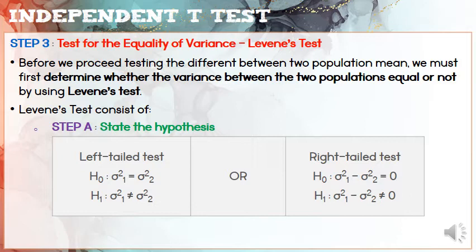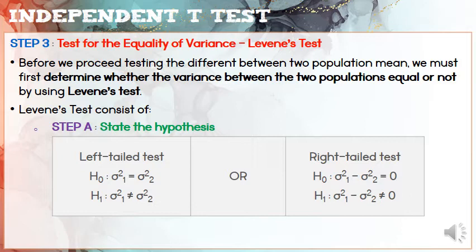So before we proceed testing the difference between the two population mean, we must first determine whether the variance between the two population are equal or not. So Levene test consists of 4 steps, and the first step is hypothesis.